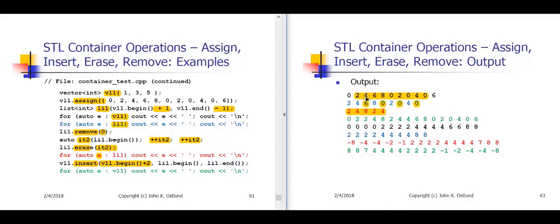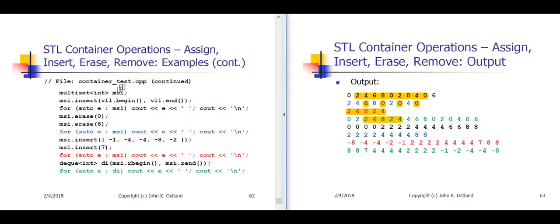So I'm inserting ahead of the 4 the entire contents of li1, that is, everything from li1.begin up to but not including li1.end. And sure enough, we see here the values in li1 inserted ahead of the 4, so that when I display v11 in this green range for loop, I get out v11 modified with the contents of li1 inserted ahead of the first 4.